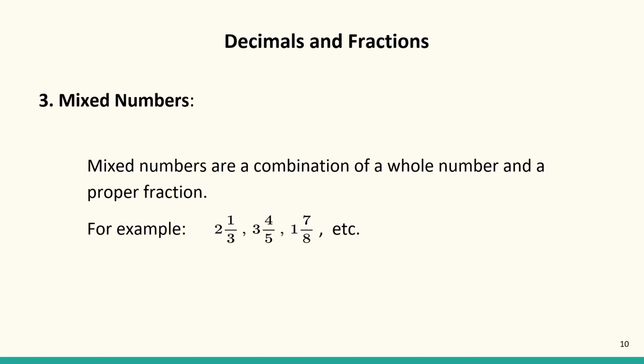So let's see the third type of fraction. These are called mixed numbers. Mixed numbers are a combination of a whole number and a proper fraction. For example, you can see here that we have a whole number down here. We have a numerator, a fraction bar, and a denominator.